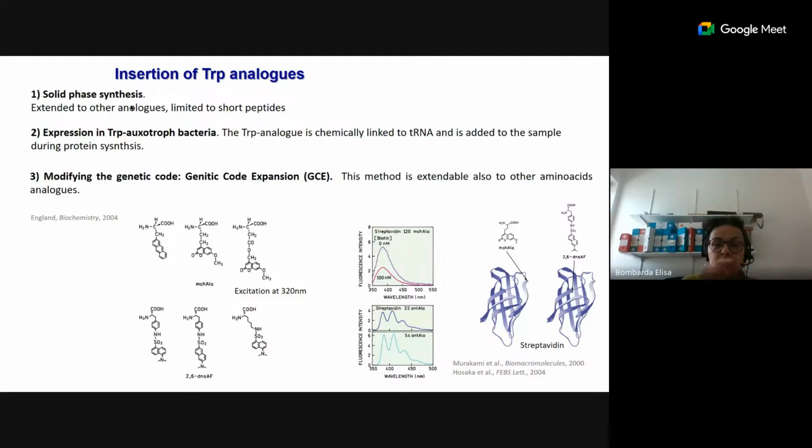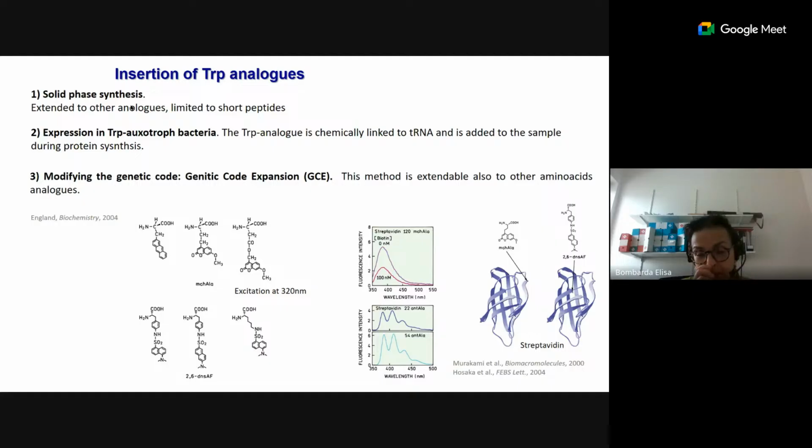The tRNA, as we saw just before, brings this fake, let's say, amino acid, but with the code of tryptophan. There is not a problem to make a mistake, because these bacteria cannot do it by themselves.